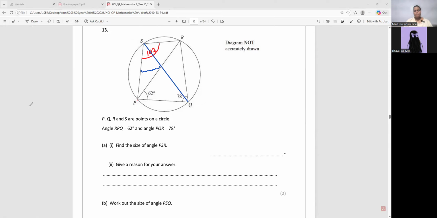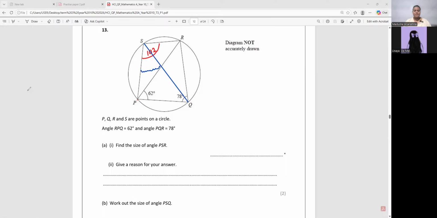I'm still finding it. So check the theorems we learnt: angles in the same arc, angles in a semicircle, angles at the center and angles at the circumference, then opposite angles of a cyclic quadrilateral, and the exterior angle of a cyclic quadrilateral is equal to the interior opposite angle.